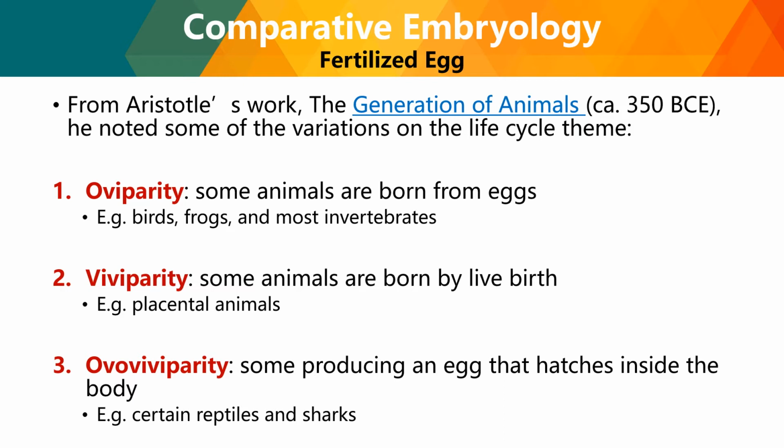He also categorized some of the fertilized eggs as viviparity, or those animals that are born by live birth. Those are the placental mammals or animals. And then next is the ovoviviparity, wherein some produce an egg that hatches inside the body. Some examples would be certain reptiles and the sharks. Okay? So those are his contributions when it comes to comparative embryology of the fertilized eggs.